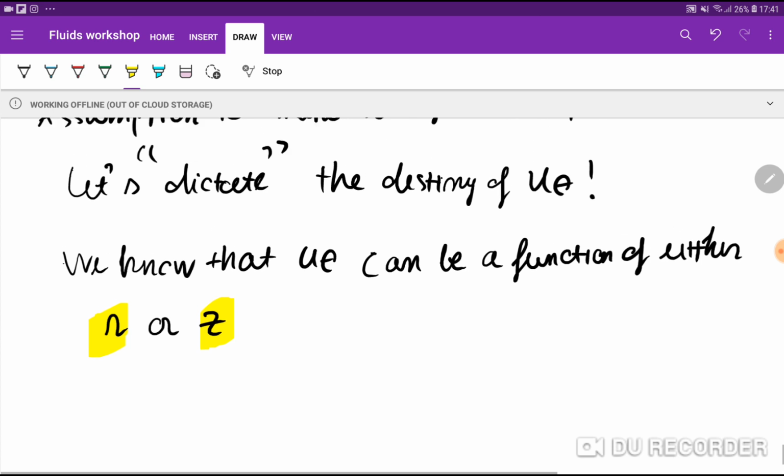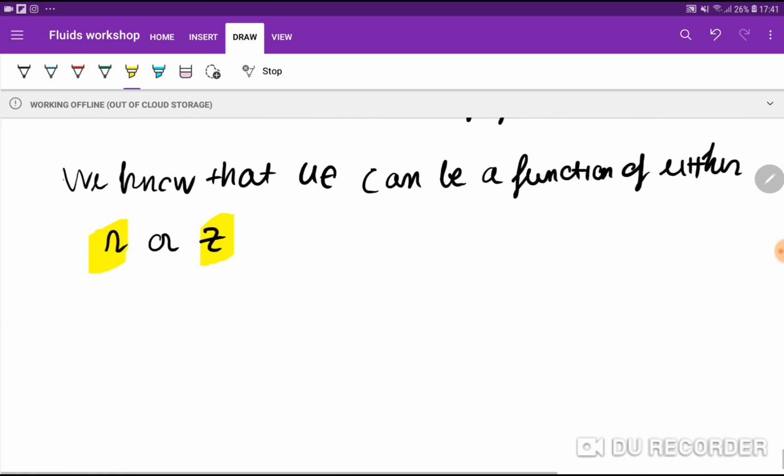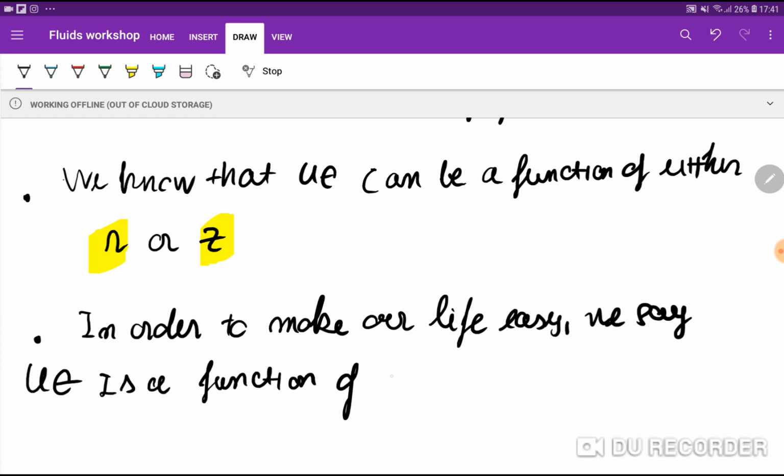So in order to make our life easy, we say u theta is a function of r. Why?